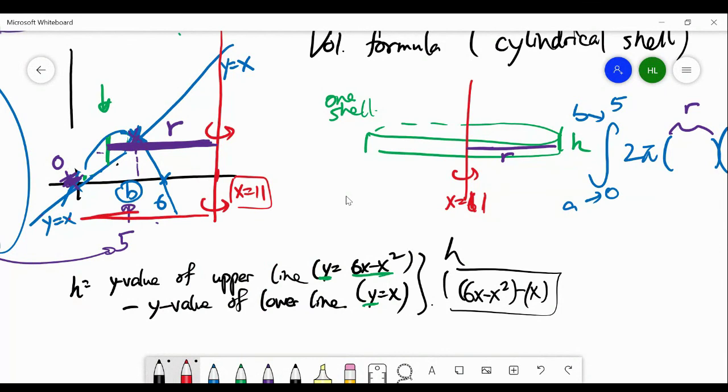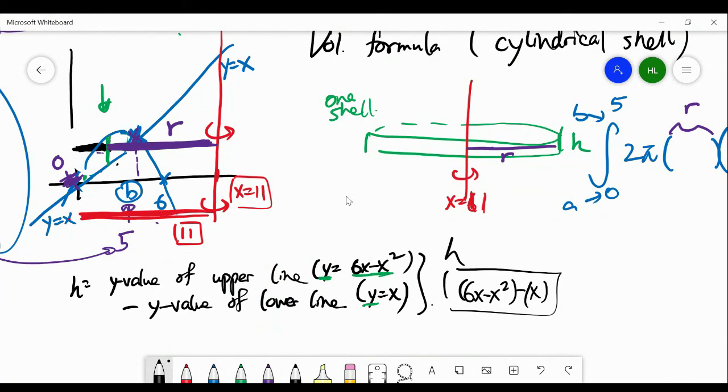We know that the full length from our red axis to the y-axis is exactly 11, right? Because essentially you're pushing the y-axis to the right-hand side by 11 units to get the new axis, x equals 11, right? You have to use 11 minus the part that we don't want. This part is basically the length just measured by the x value of this point, right?